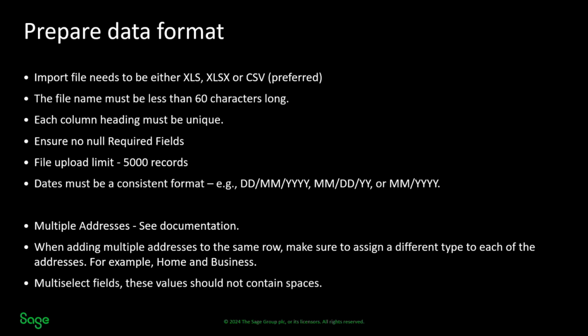Now, I've discussed that the import file needs to be either a spreadsheet or a CSV file. The spreadsheet can either be the old style Office 97 standard, so XLS, or it can be the modern XML based XLSX spreadsheet, or CSV files.